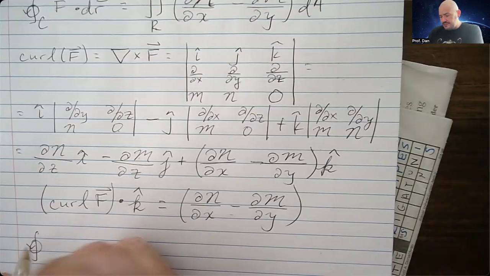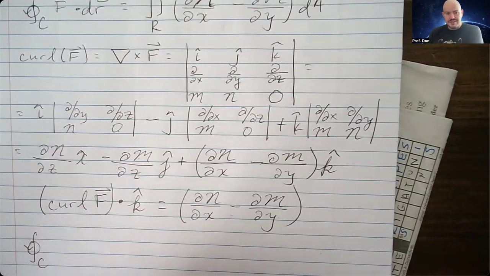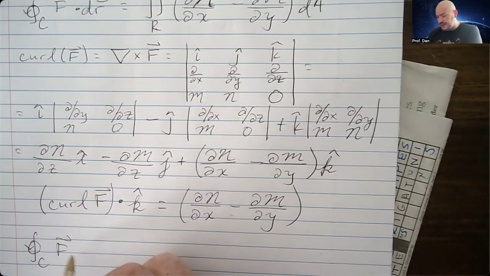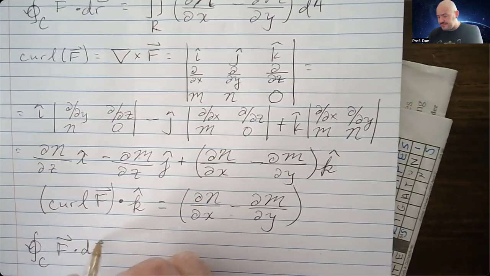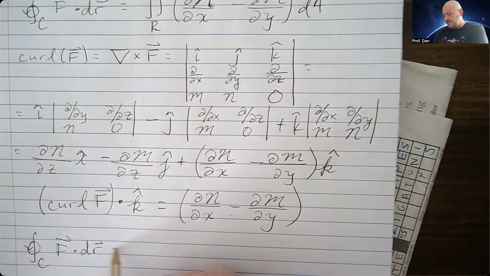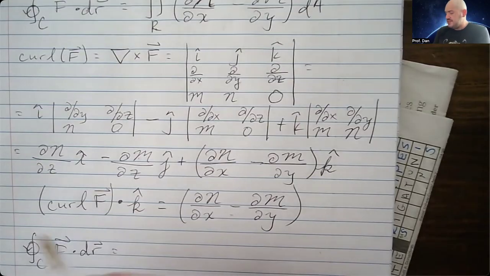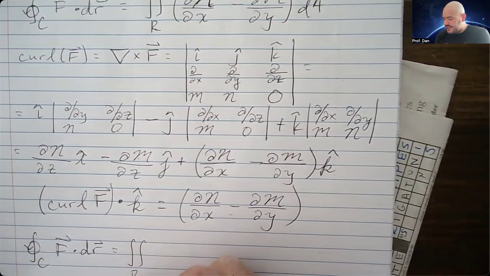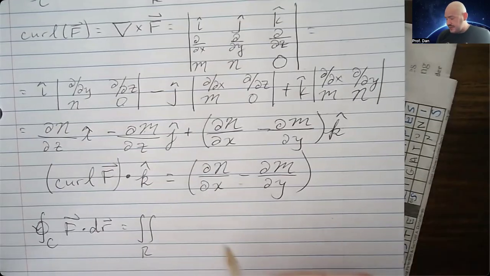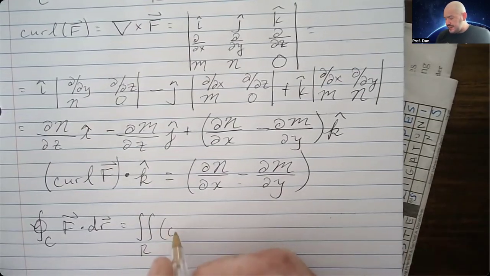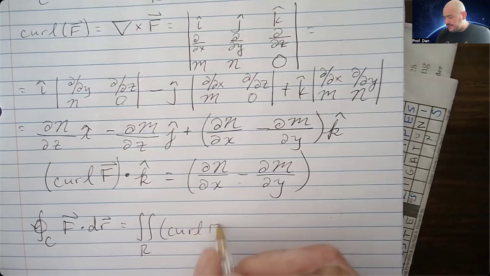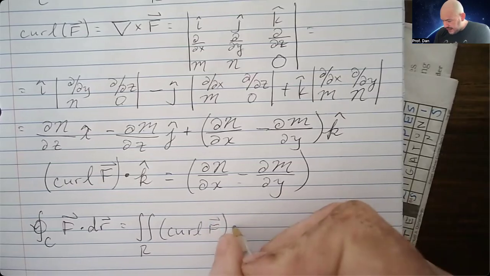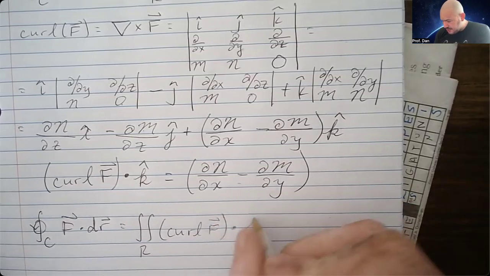So we get that the line integral about the simply connected path C of F dot dr is equal to the double integral over the region enclosed by C of the dot product between the curl of F and the unit vector k.